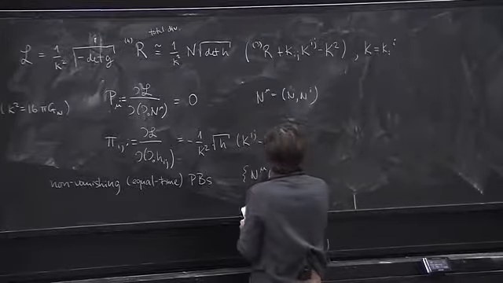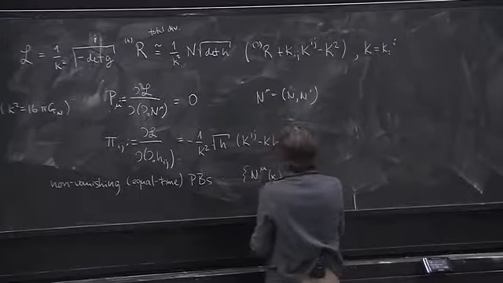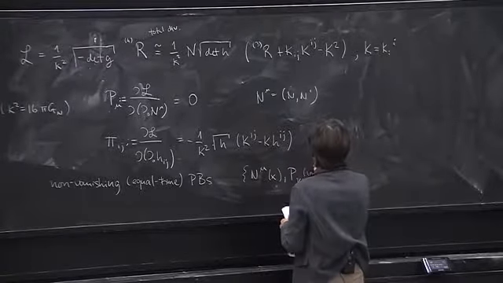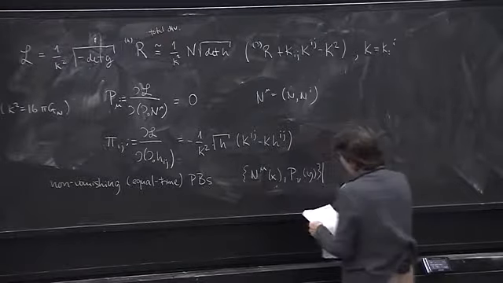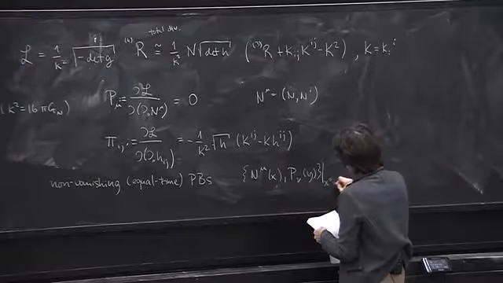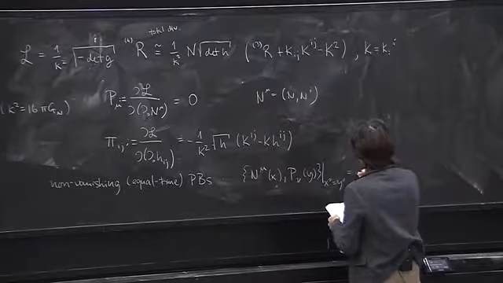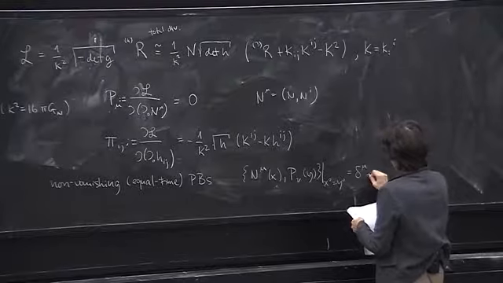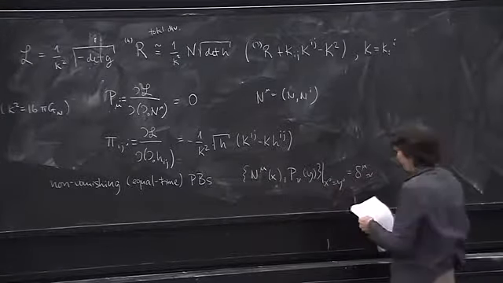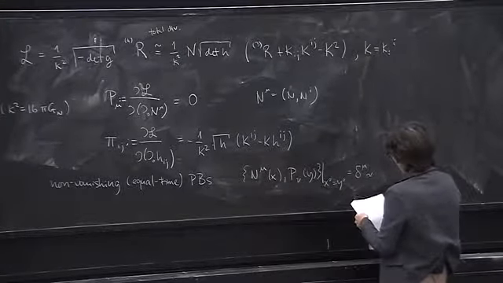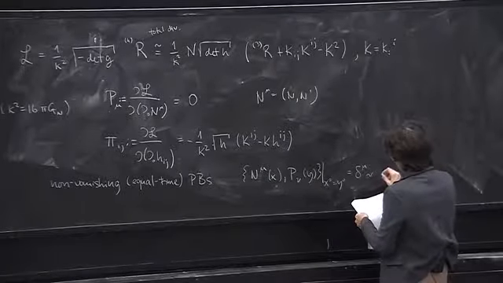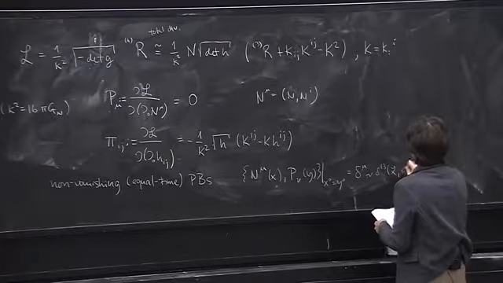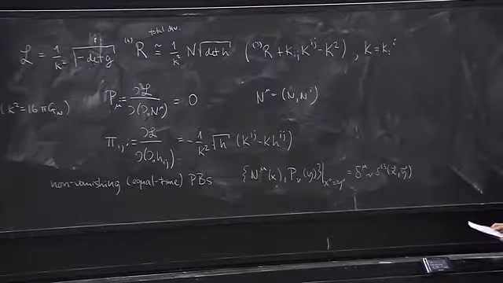N^μ(x) with P_ν(y), Poisson brackets taken at equal times, x⁰ equal to y⁰, is just equal to a delta function on the right-hand side. One delta function with respect to the tangent space index, μ, and a 3-dimensional delta function with respect to the spatial arguments, x and y.